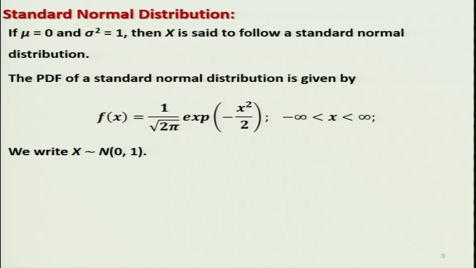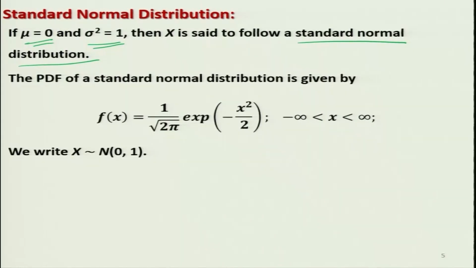If you take mu to be 0 and sigma square to be 1, then x is said to follow a standard normal distribution. Remember one thing, this is very important, and this is the distribution which has made the utility of this normal distribution a lot.